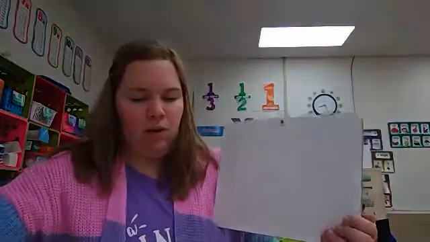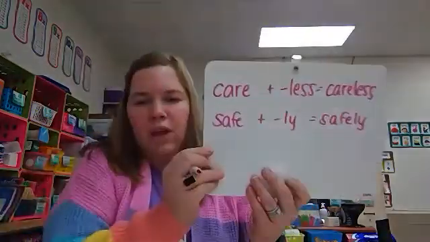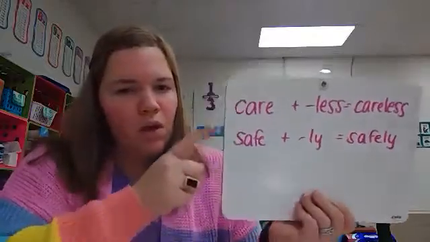Okay, so we're going to look at some new words too. I'm going to write them on the back. Give me one moment. I'm going to write again a root word plus a suffix and the new word. We're going to look at 2 more. Okay, so we have two root words.